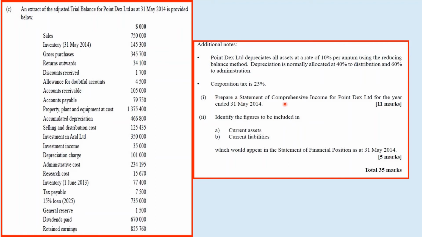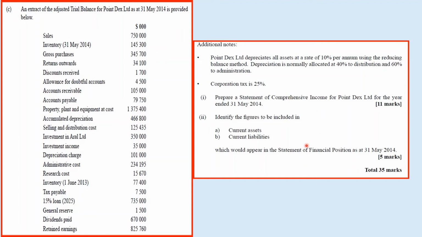Prepare a statement of comprehensive income for Poindex Limited for the year ended 31st May 2014 and identify the figures to be included in current assets and current liabilities, which would appear in the statement of financial position as at 31st May 2014.